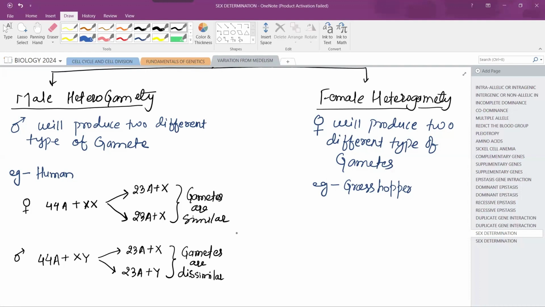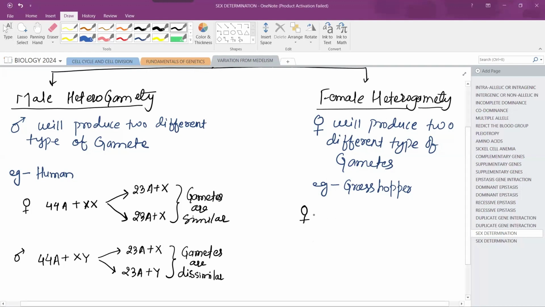But in case of grasshopper, the female will have a number of autosome pairs. We do not know the total number of chromosomes in grasshoppers. Let's see that. That is 24.